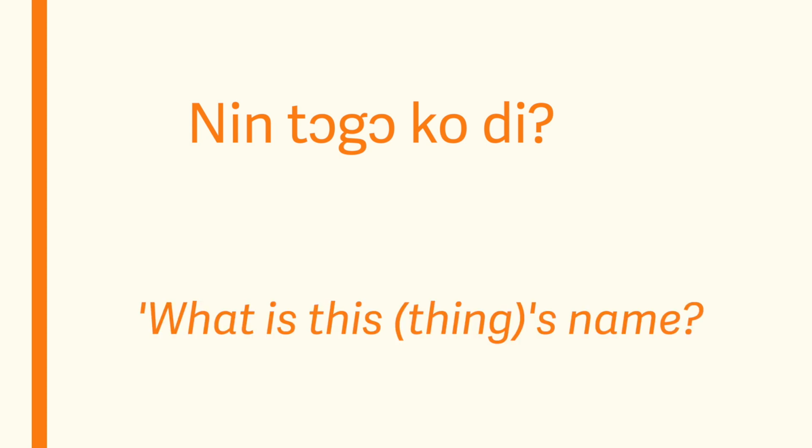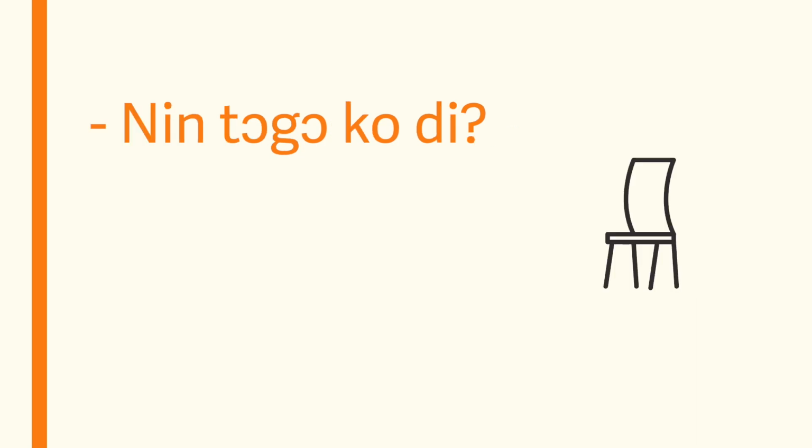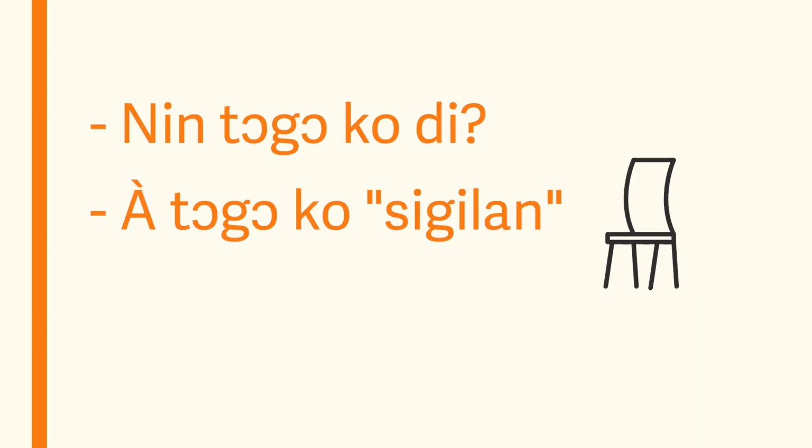Now that you have tɔgɔ, you can be much more precise. So if you replace I or mudo with the word ni, which means this, so if you asked somebody something like, ni tɔgɔ kodi, you would be asking them, what is this, and then it's implied thing's name. Ni tɔgɔ kodi. And they could respond to you, a tɔgɔ ko sigilang.